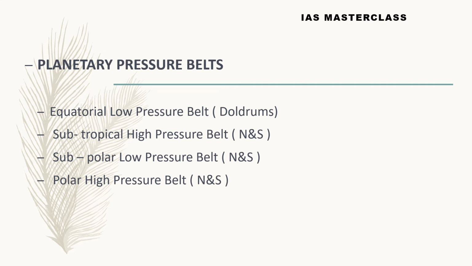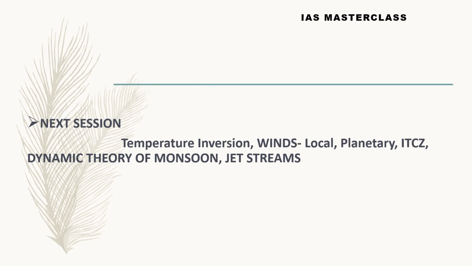One is the equatorial low pressure belt, which we also call doldrums; the subtropical high pressure belt, which we call horse latitudes, in both hemispheres; the subpolar low pressure belt, again north and south, around 65° north and south; and the polar high pressure belt at around 90° north and south.